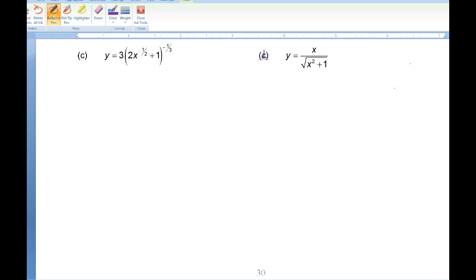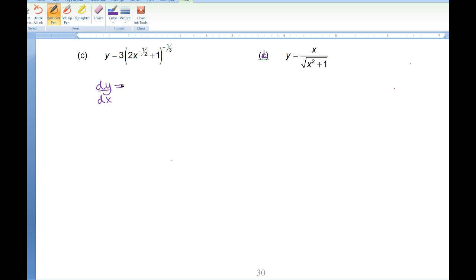Okay, let's do this. Let's finish the last two examples. All right, so with the first C, this is power rule, chain rule, but it just has a rational exponent, a negative rational exponent, but we still just treat it the same way.